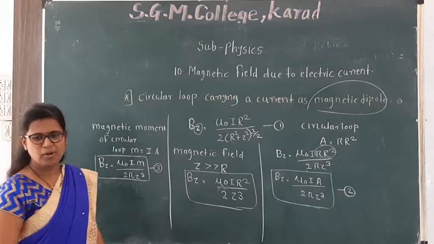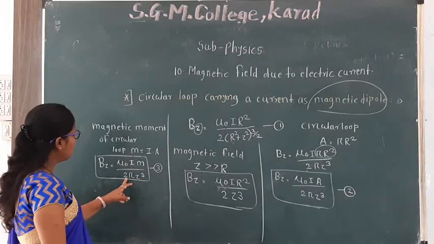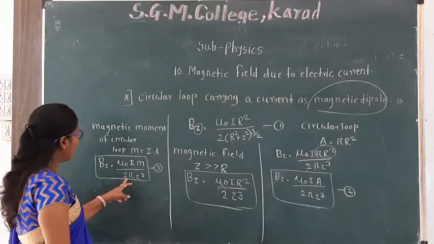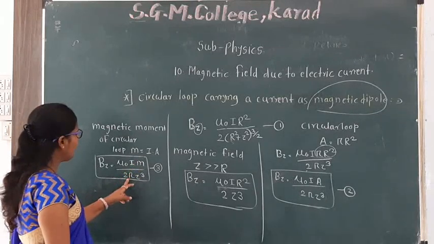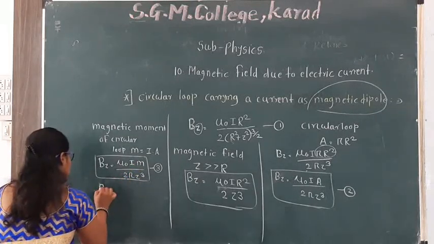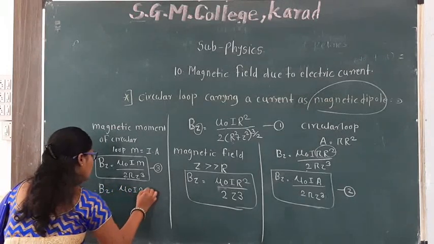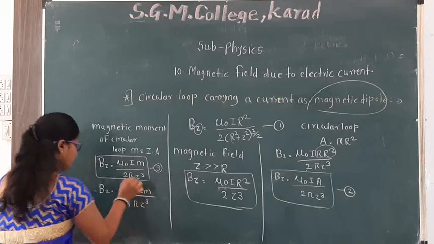Now in vector form, here we have mu 0 upon 2 pi. For adjusting, we want 4 pi here, so the denominator and numerator are multiplied by 2. Then Bz is equal to mu 0 2m upon 4 pi z cube.